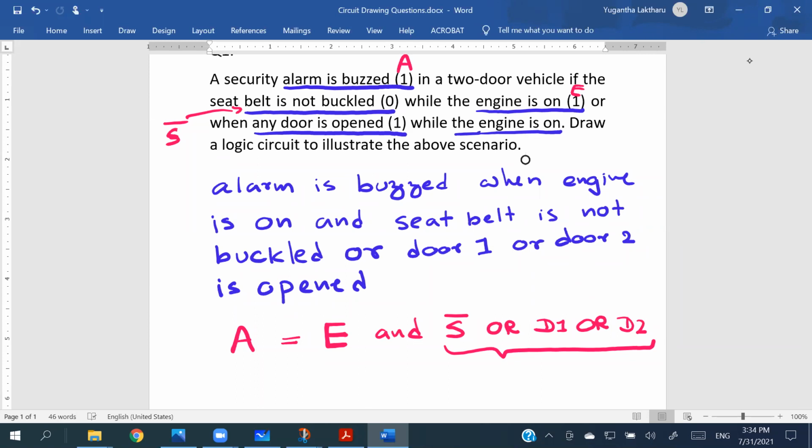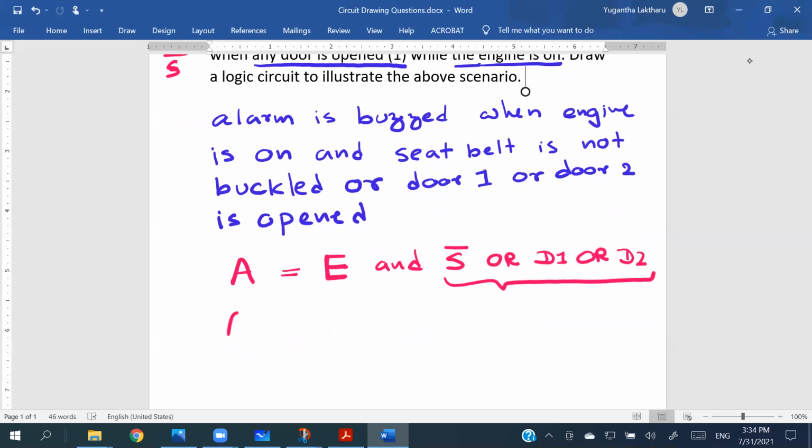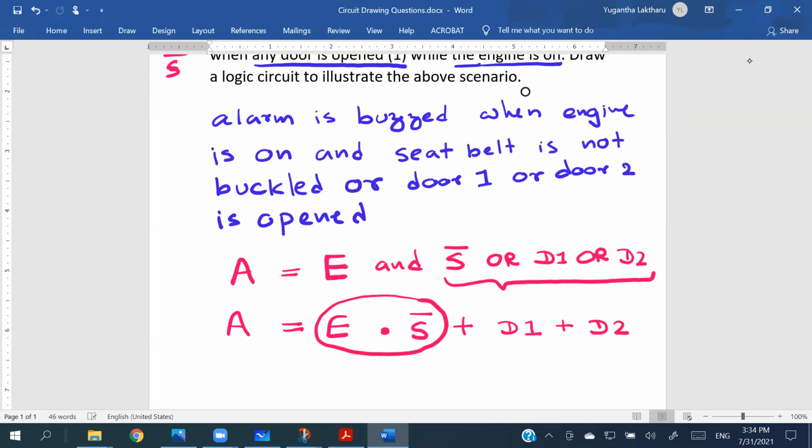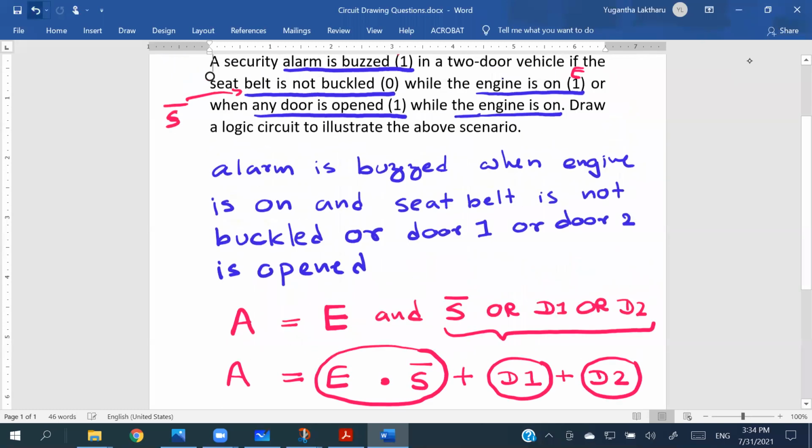If you write A equals E dot S bar plus D1 plus D2, which is going to be an incorrect one, because as per this expression, these two are indicated as one, and this one as a separate thing, and this one as a separate thing. It is not what we want, right?